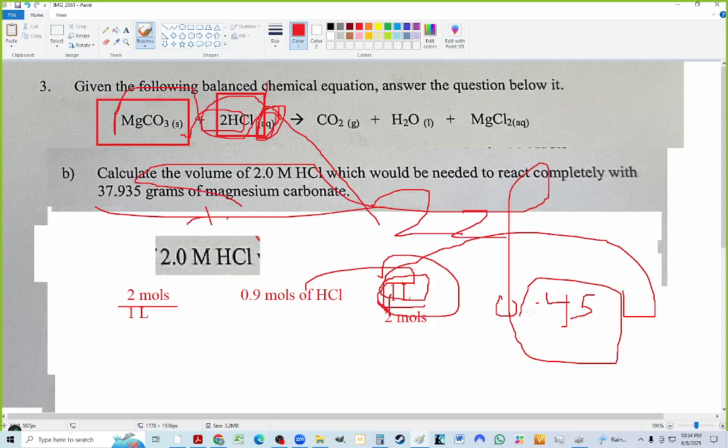Be careful with that 22.4. That's only for gases. So you had to look at this and say, this isn't a gas. The AQ up here means aqueous, which just means essentially liquid in water. Anything with a G is gas. But you can't use 22.4 for this one. So these questions were all about the various routes to take across the Mole Bridge.